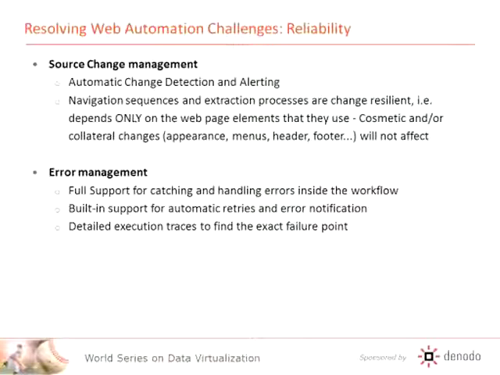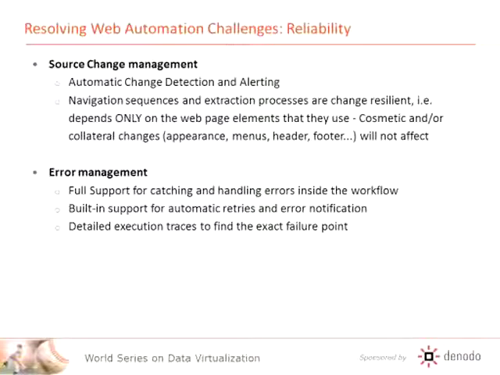Now, should the navigation sequence or extraction pattern be affected, then Denodo raises an alert saying that the process is not working, and with the help of the development graphical tools shown earlier, you should be able to find the error and fix it very quickly.